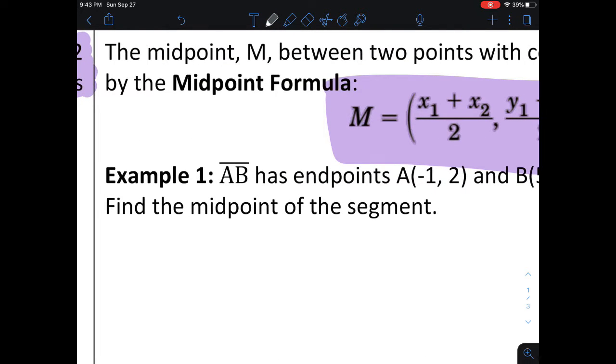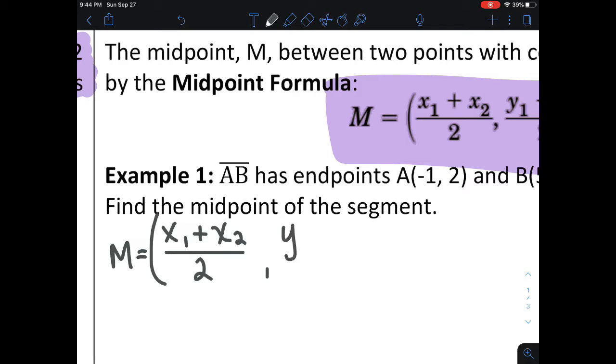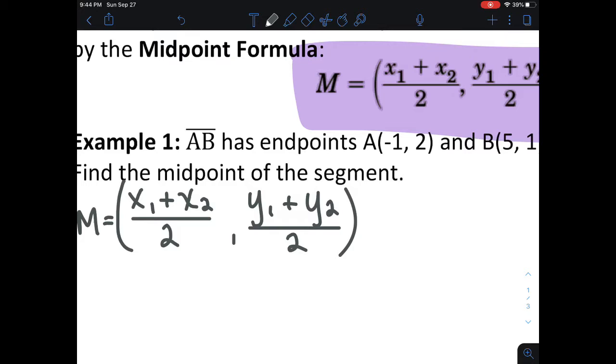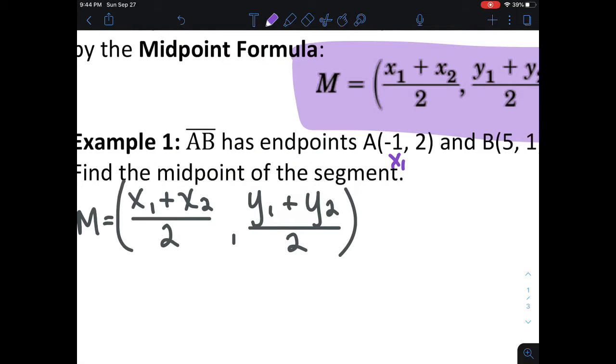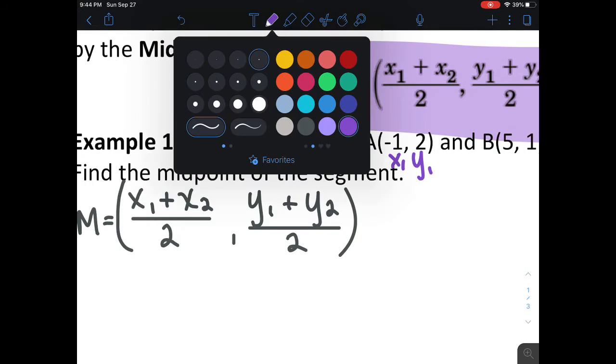All right, so I'm going to rewrite the formula as usual. Notice that we're using a capital M and not a lowercase m. Don't forget lowercase m is slope. Capital M is midpoint. Okay, so you already know what's good. Let me go ahead and use my erase and replace method.